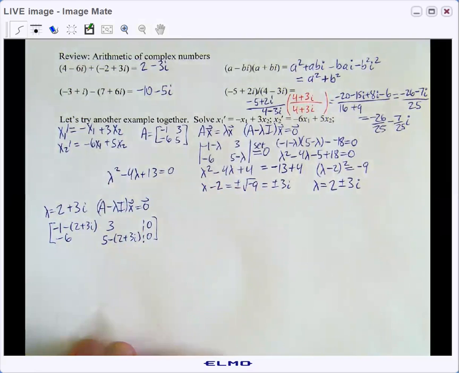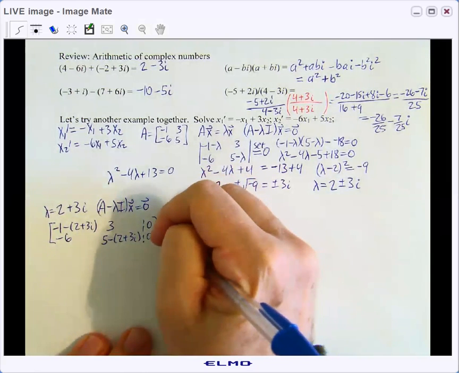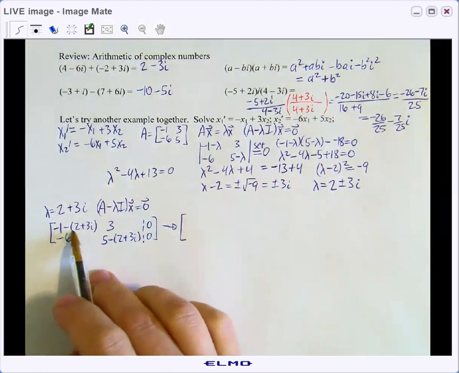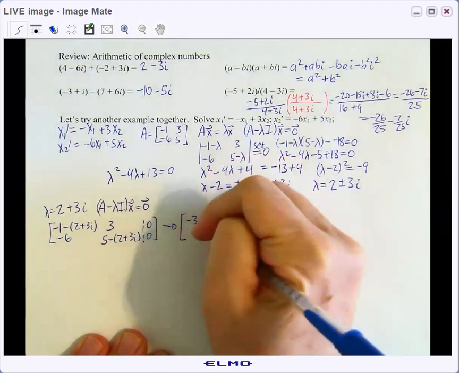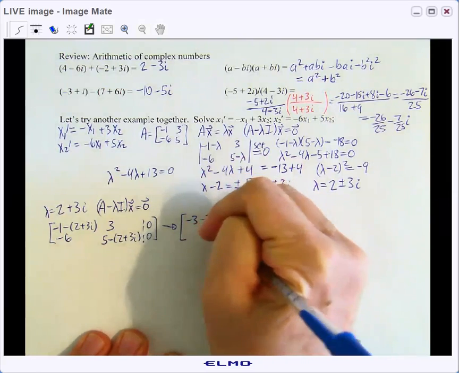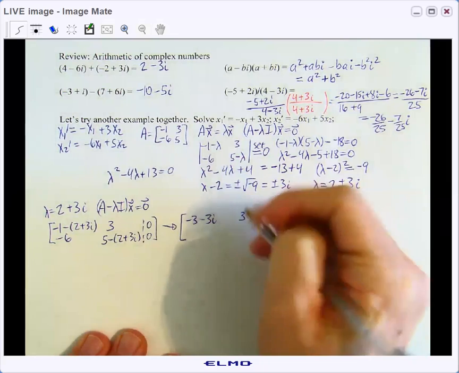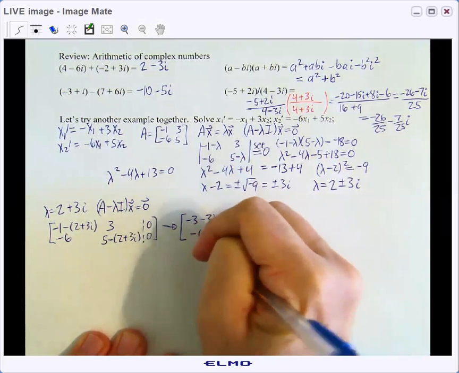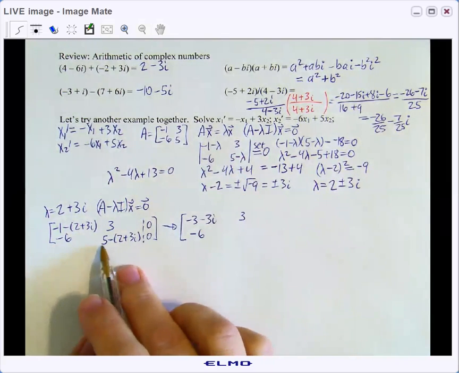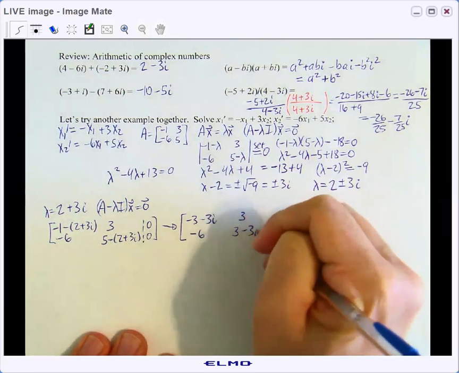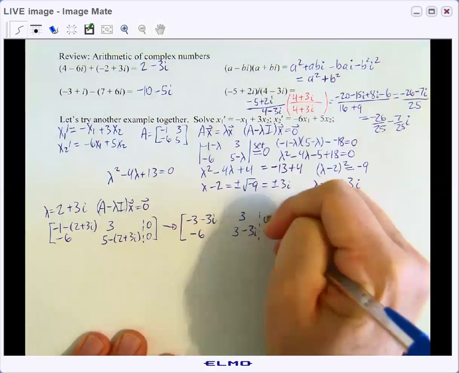Okay. So let's do some work on that. -1 minus 2 is -3 minus 3i when we distribute the negative sign. 3, -6, and 5 minus 2 is 3, minus 3i. And the right side is 0, 0.